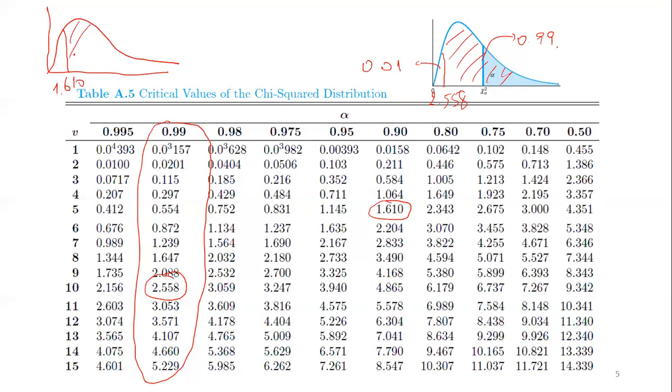The area to the right of this is equal to 0.90. And what is the degrees of freedom? This is a chi-square random variable with v equal to 5 degrees of freedom.